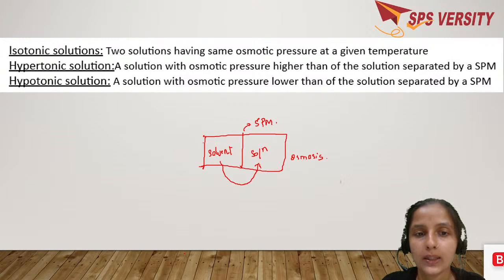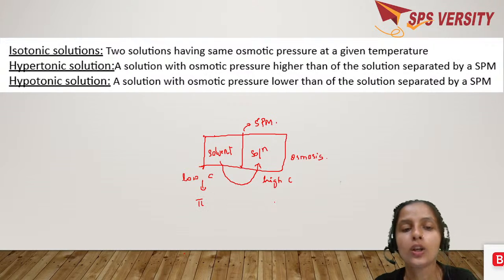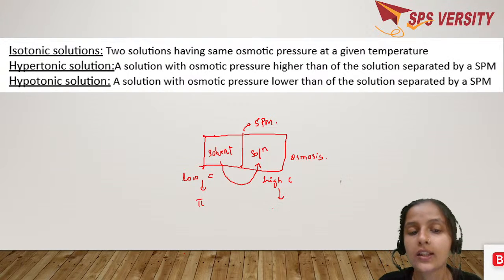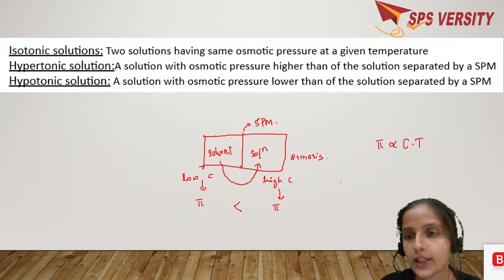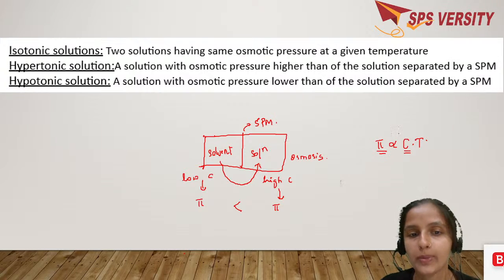The one with the lower concentration will have low osmotic pressure. The symbol which we are going to use for the osmotic pressure is pi. So the one with the lower concentration will have lower osmotic pressure, whereas the one with the higher concentration will have high osmotic pressure, because we know that pi is directly proportional to the concentration at a given temperature. That's why greater the concentration, greater will be the osmotic pressure.